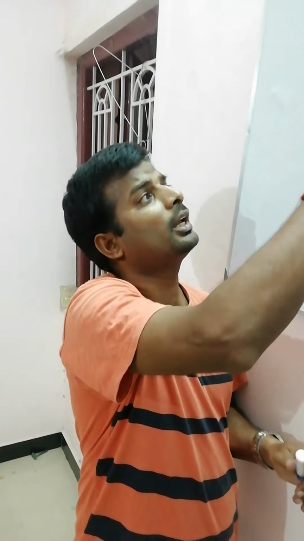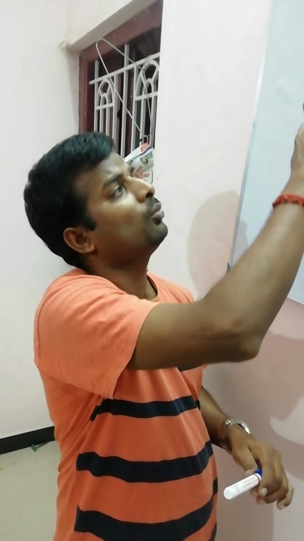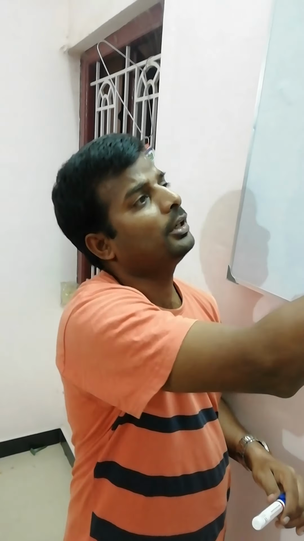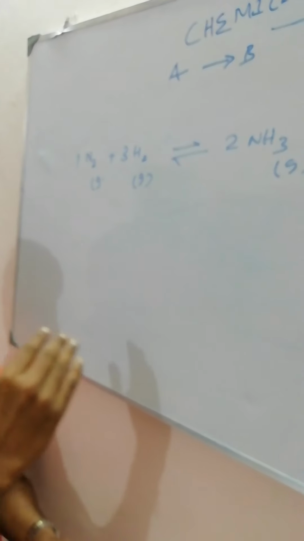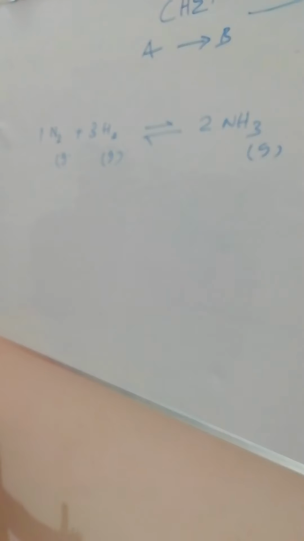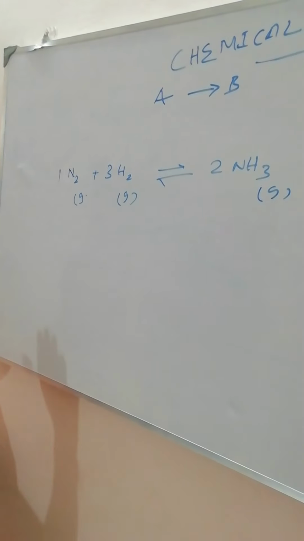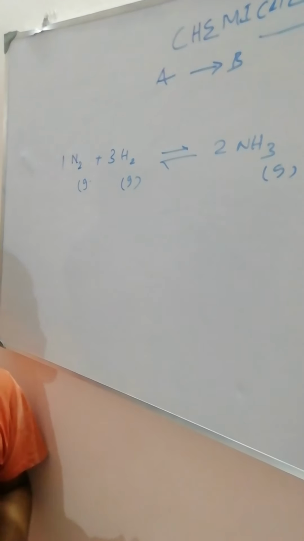In this way we can solve this problem, because three parts of hydrogen and one part of nitrogen combine to form two parts of ammonia. So in this case some equality is not formed, so you have to maintain the equality. We divide the reactant and product by their respective stoichiometric coefficients.